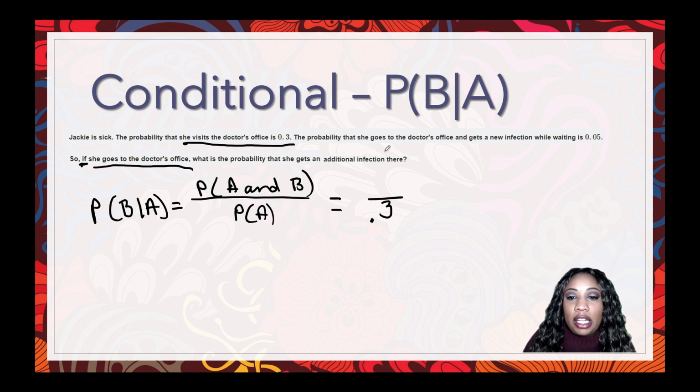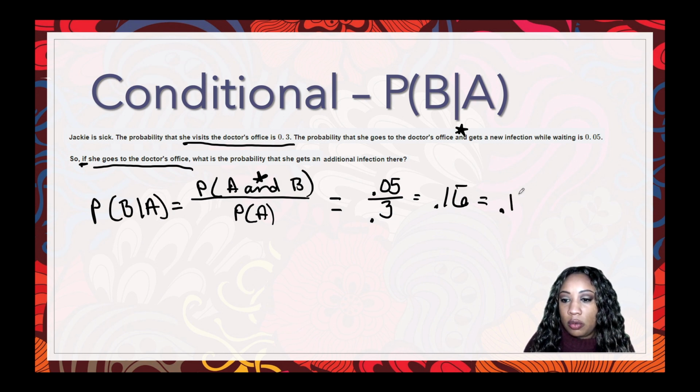So the probability that she goes to the doctor's office and gets a new infection while waiting is 0.05. And so that gives us 0.16 repeating. So we're going to just say 0.17.